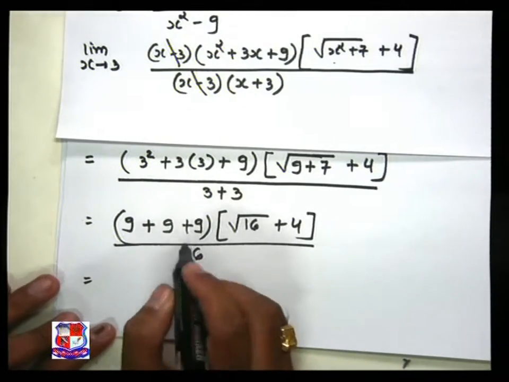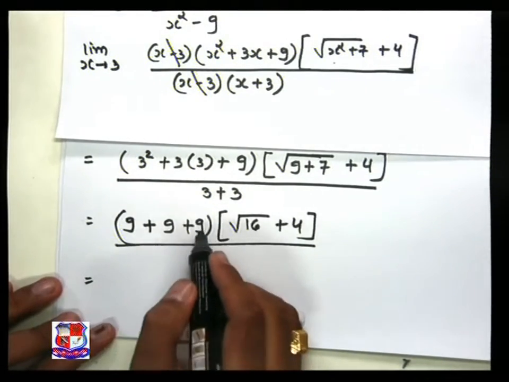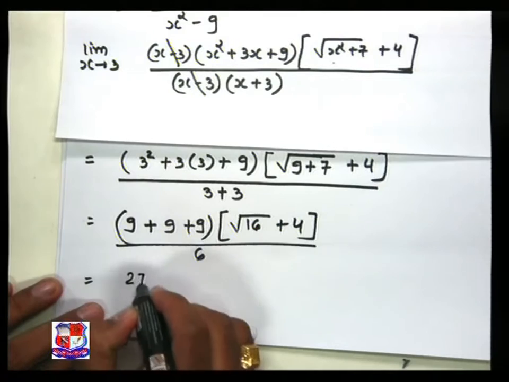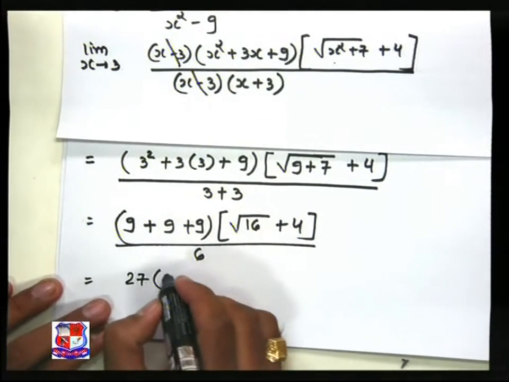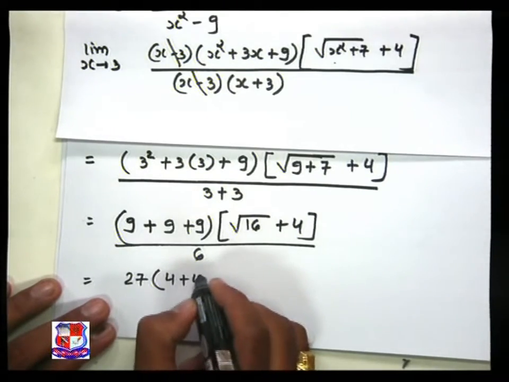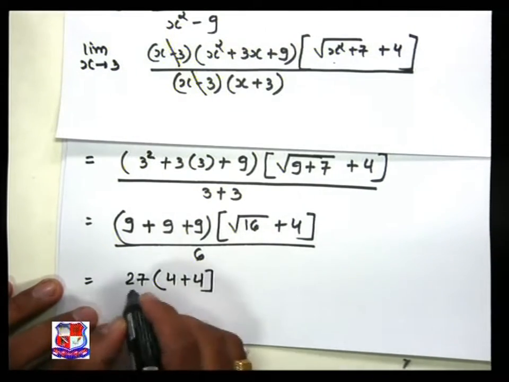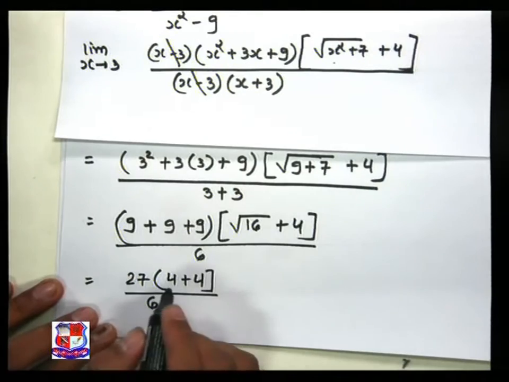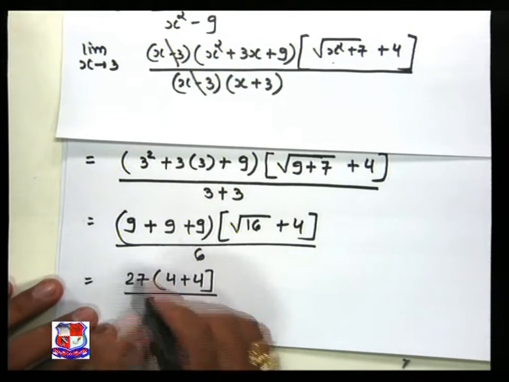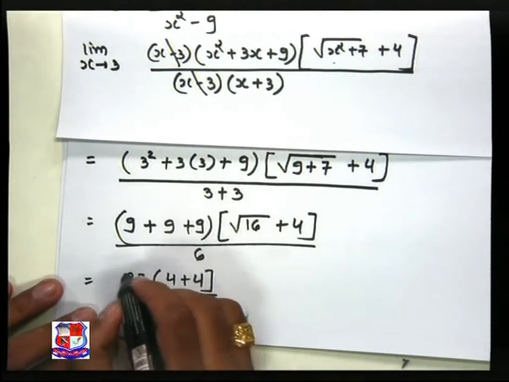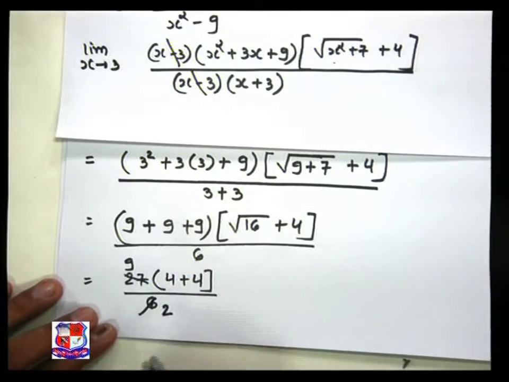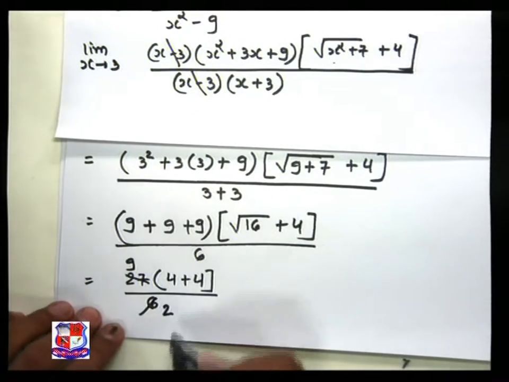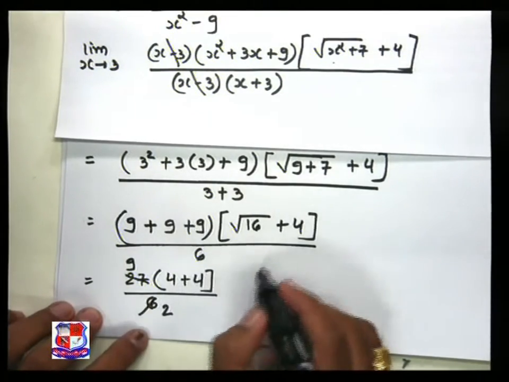Now again simplify. 9 plus 9 plus 9, 27, under root of 16, the result is 4, plus 4 as it is, divided by 6. Now 27 divided by 6, so here 9 into 3 and here 3 into 2, so here 9 divided by 2, and 4 plus 4.